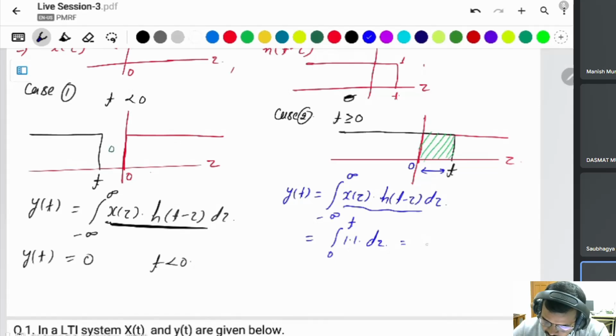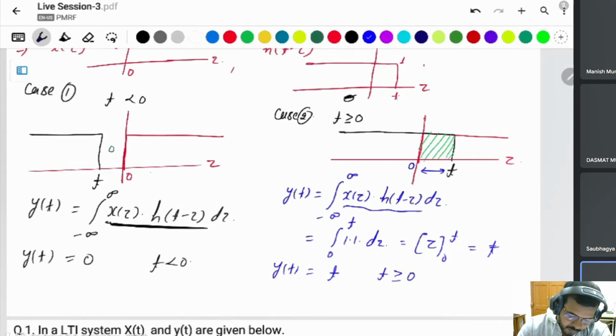The integration of the constant 1 is τ from 0 to t, and this is t. It means y(t) is equal to t when t is greater than or equal to 0.